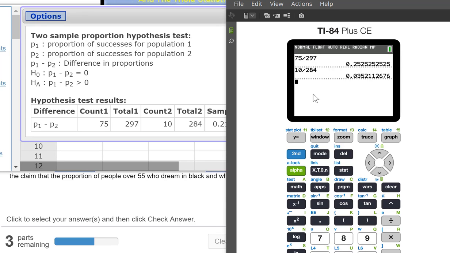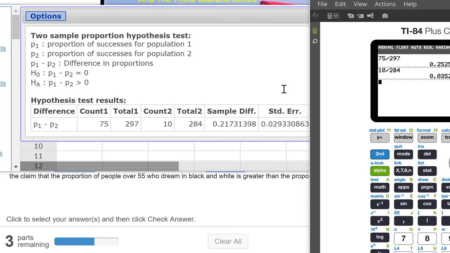We're comparing the first count, and I've put into the calculator 75 over 297, that proportion, which is about 25%, and those are people over 55, to the proportion of people under 25, which was about 3.5%. We'll say 4%. So how likely is it for a difference that large to occur by chance? The sample difference according to StatCrunch is about 22%, which is just subtracting those two values, and that is right.